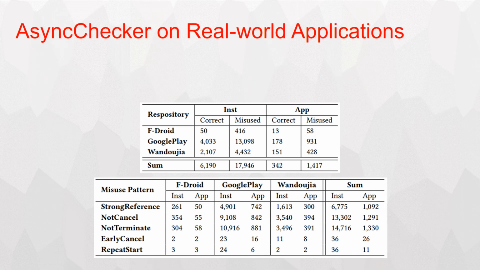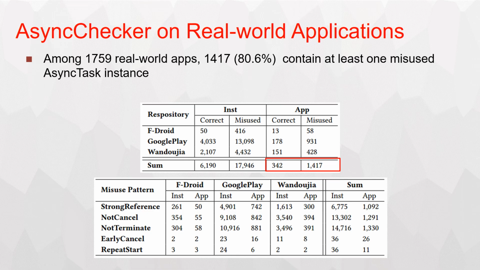We evaluate Async Checker on 3 repositories as we did in the empirical study. The first table shows the overall result. Here, we analyzed more than 1,000 apps. Among them, nearly 8% contain at least one misused async task instance. In the second table, we list the frequency of each misuse pattern.